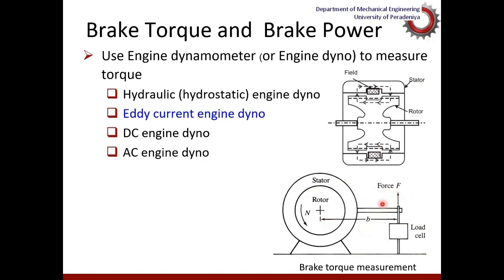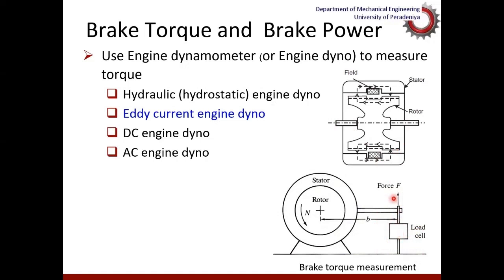For the torque measuring system, you can see here there is a shaft coming out from the eddy current dynamometer, and there is a load cell connected to it through a cable. Whenever a certain resistance is applied, this shaft tends to move upwards or rotate, and that rotation is held up using this connection through the load cell.